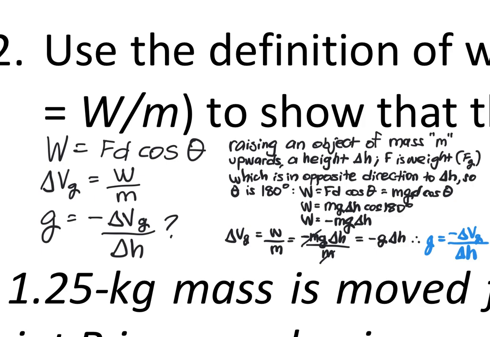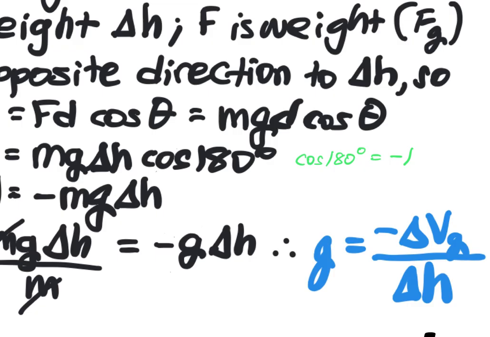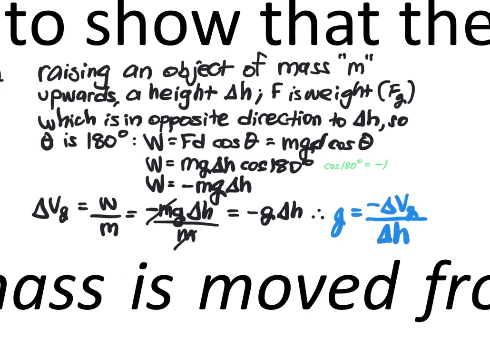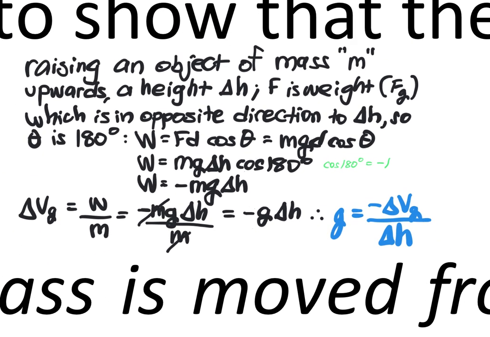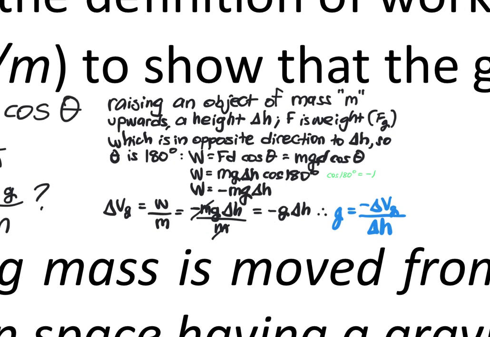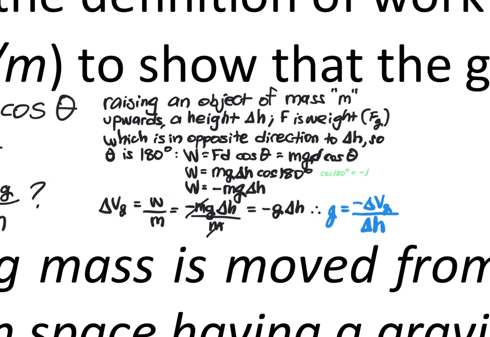Yeah, let's maybe note that, right? Cosine of 180 is -1, and so that's why all of a sudden cosine 180 disappears and a negative pops in. So we have work is negative mg delta h. And so I take that negative mg delta h and I slip that into the gravitational potential difference equals work per unit mass, and so I divide out the mass, and I get that gravitational potential difference is negative g delta h.